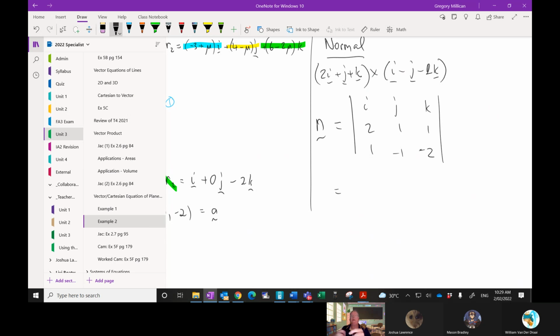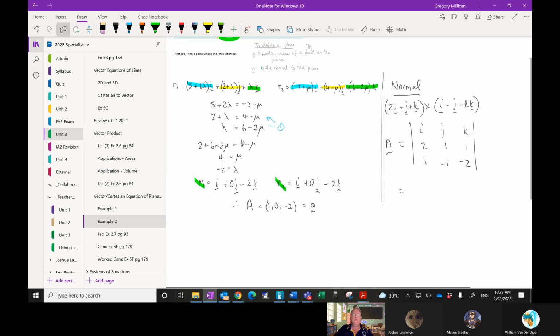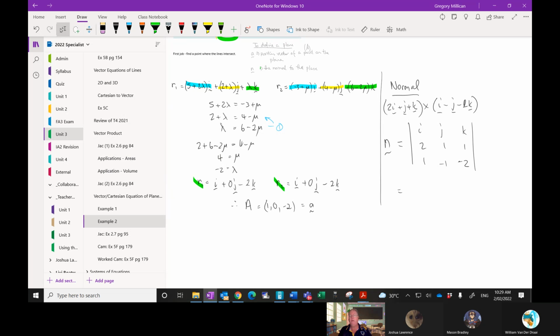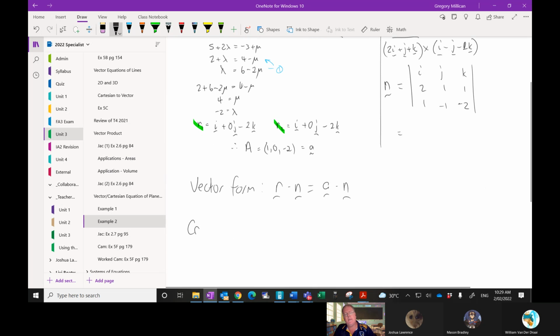So I want you to find n. Won't take you very long. So then you've got your a and you've got your n. So from that point on, you can then find vector form, r dot n equals a dot n. Cartesian form.